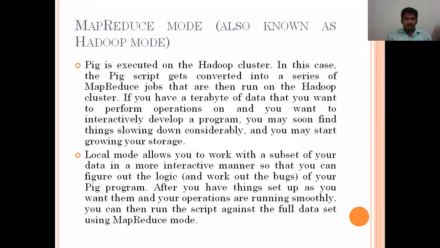If you are applying it with one bag, we can easily remember and identify what logic we are applying, and if any errors exhibit, we can easily identify them. So the same thing we can easily move into the full MapReduce mode, running the script against the full data set using MapReduce.